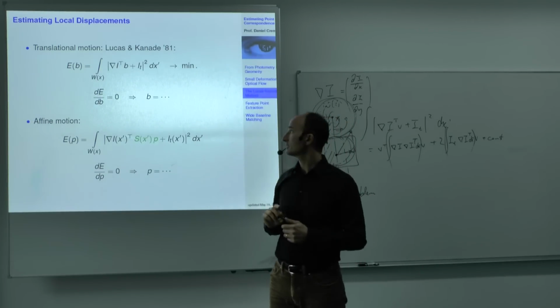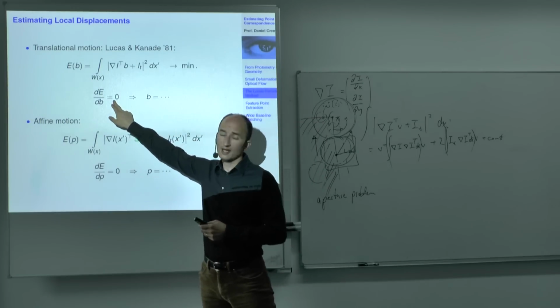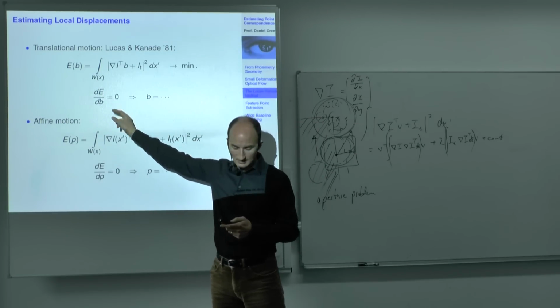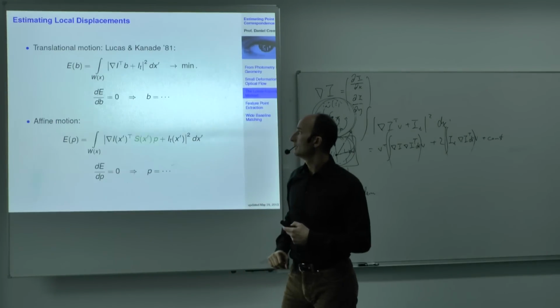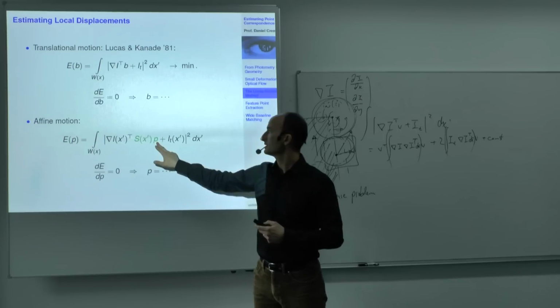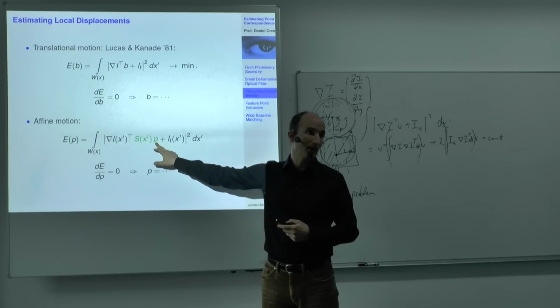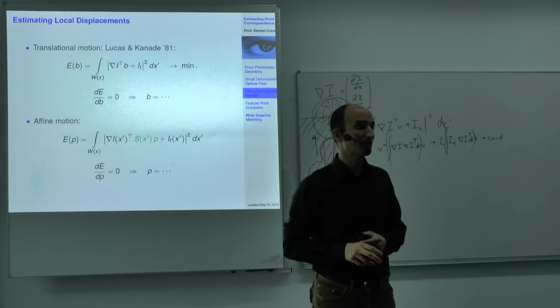The difference is, here, the matrix I had to invert was a 2 by 2 matrix, the matrix M that I have to invert. In the parametric motion case, it's a 6D vector, and it's going to be a 6 by 6 matrix.